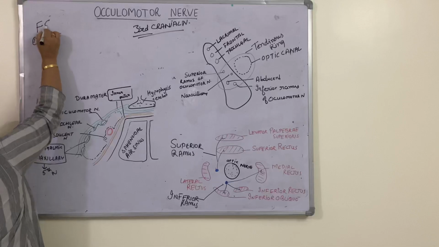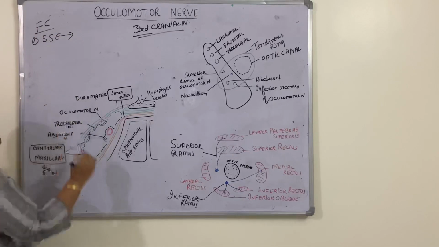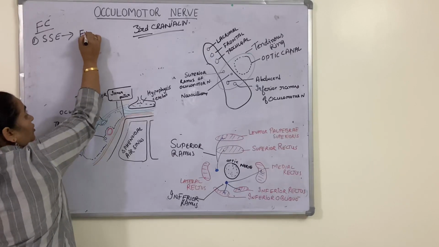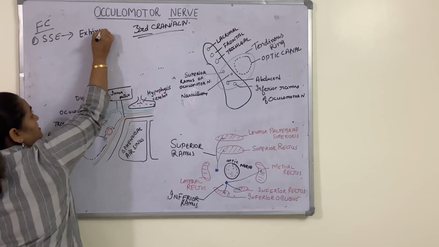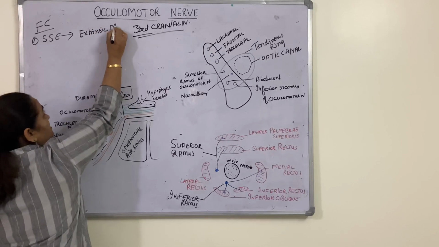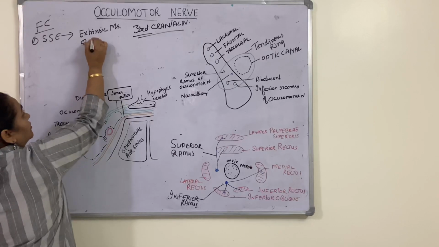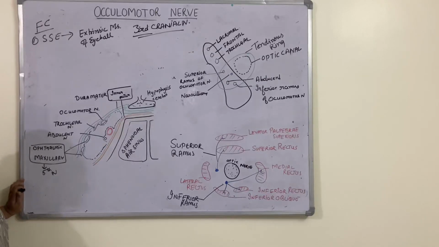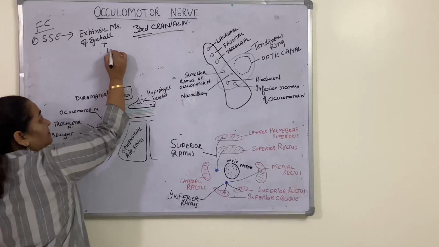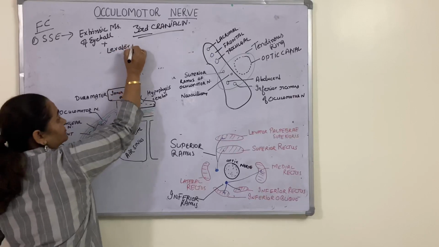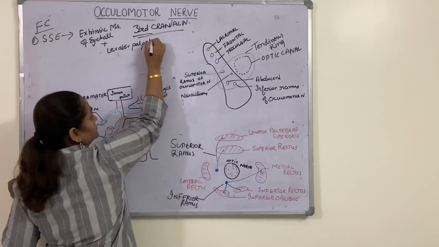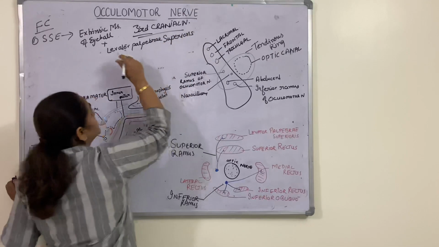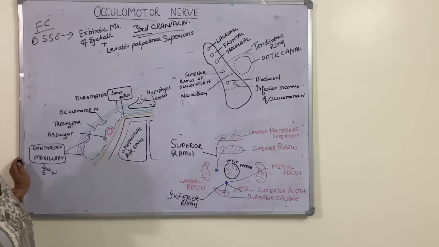These special somatic efferent fibers supply all the extrinsic muscles of the eyeball, except lateral rectus and superior oblique, along with the levator palpebrae superioris muscle. So these fibers are going to supply these structures.